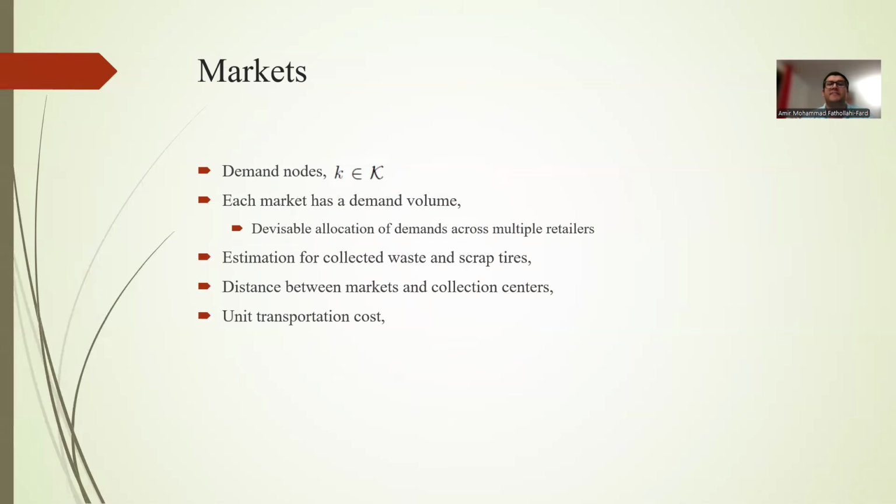Markets are the demand nodes, where each node represents a geographical zone in our problem definition. Each market has a demand volume, which can be estimated and approximated. It is assumed that in each planning horizon, there is a pattern for the market demand, which can be forecasted.